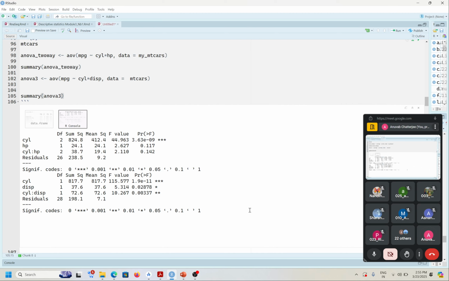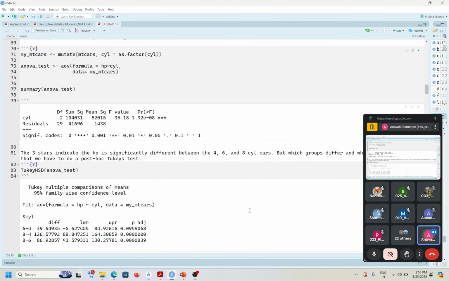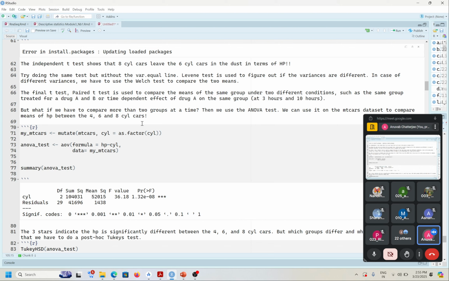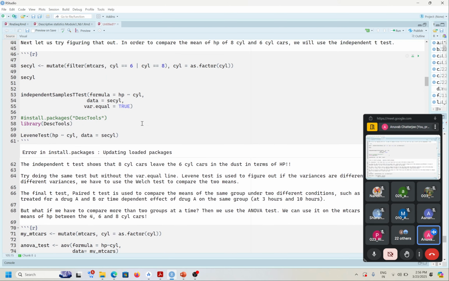Oh. So ANOVA, the simplest form of ANOVA, which is the one-way ANOVA. So we have seen t-tests, right? We wanted to figure out if two different groups are actually different or not. So we have used the t-test for that.